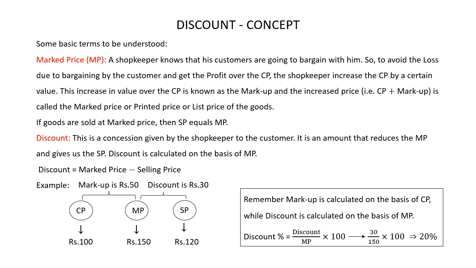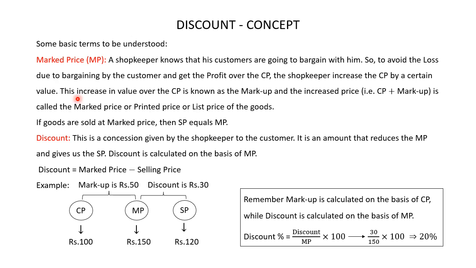Now let's understand the concept of discount. For that we have to first understand a few basic terms. Marked price. A shopkeeper knows that his customers are going to bargain with him. So to avoid the loss due to bargaining by the customer and to get a profit over the cost price, the shopkeeper increases the cost price by a certain value.